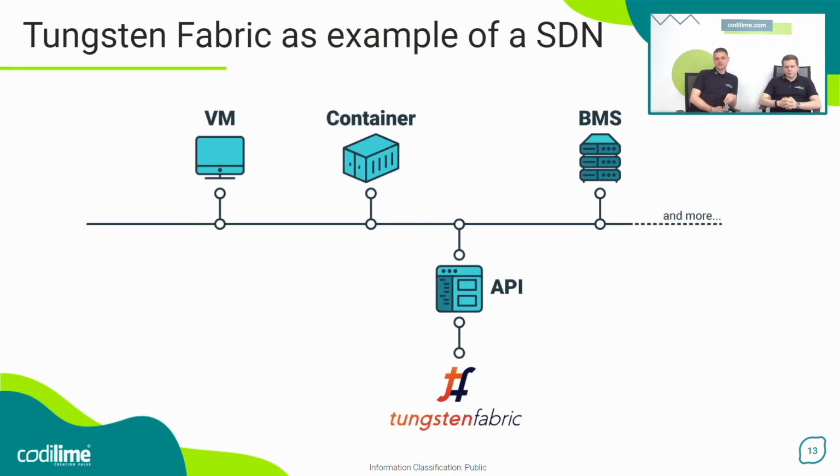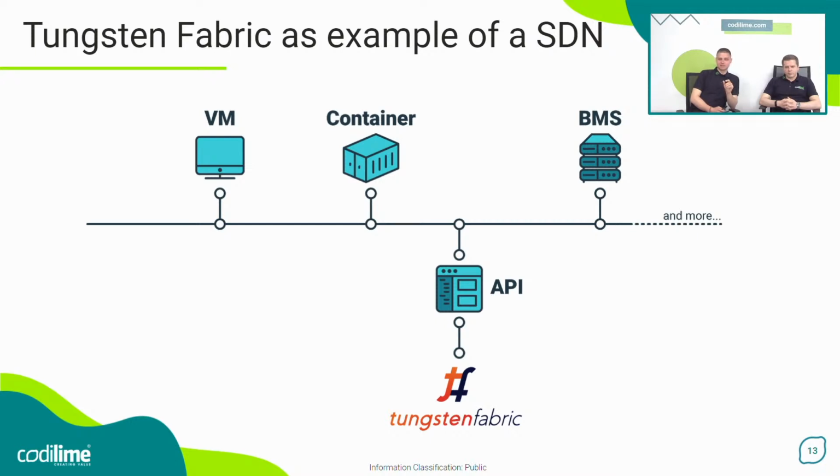So, taking into consideration the SDN that I personally work a lot with, I'm also a technical steering committee member of Tungsten Fabric. Tungsten Fabric is an example of an SDN which implements the architecture that I showed you a few slides ago. And in fact, when you have such an SDN, it does not care whether this is a virtual machine, container, or bare metal server, because it has an API.